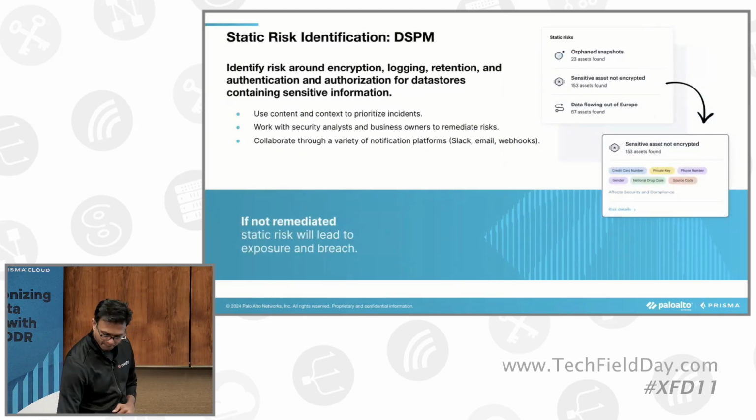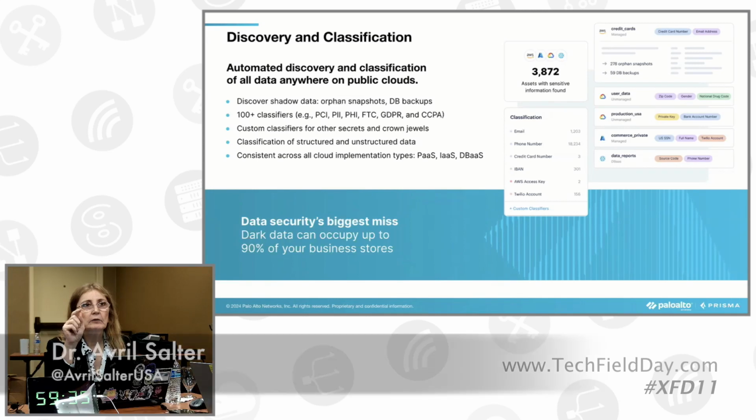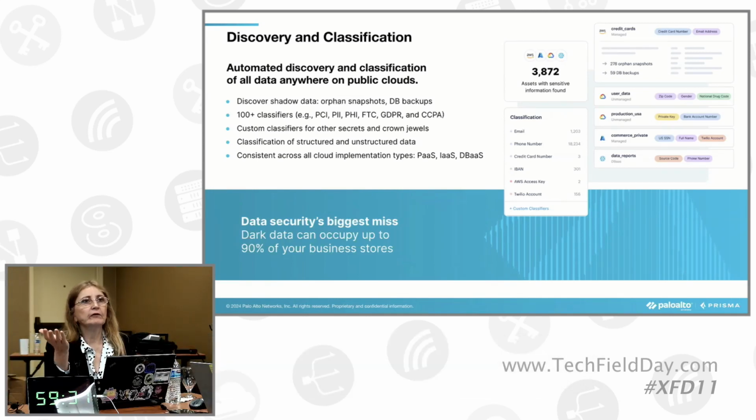Talk a little bit about the custom classifiers on that slide. What does that mean? Does that mean a customer can have their own classification for their data? Absolutely. And how would you identify that? Would you write some code to uniquely identify that specific customer's data? Yeah. Just like traditional DLP, we have classifiers that are out of the box.